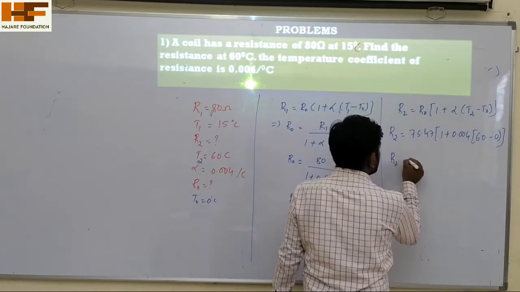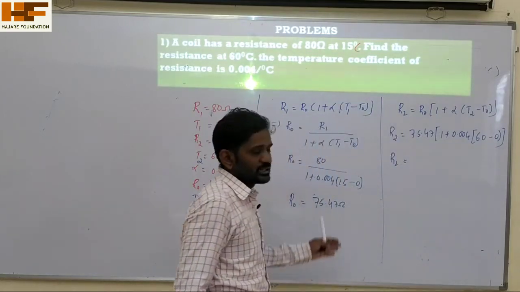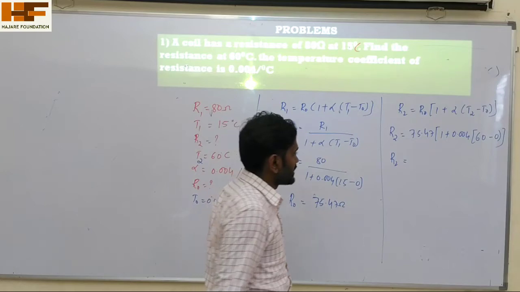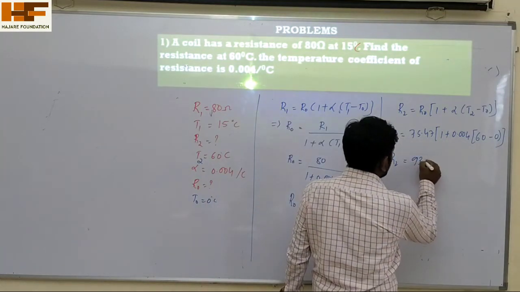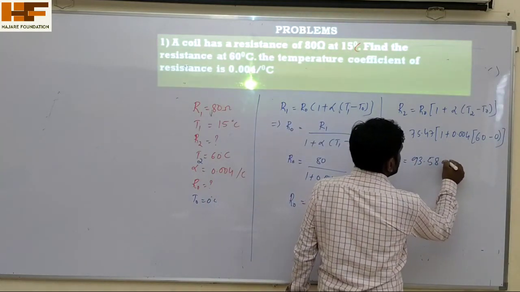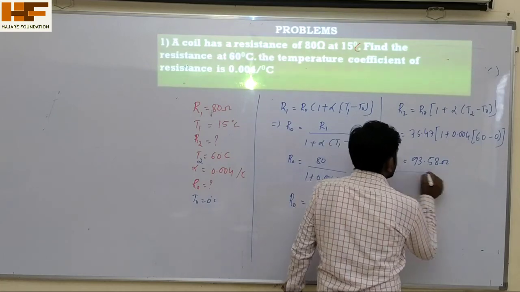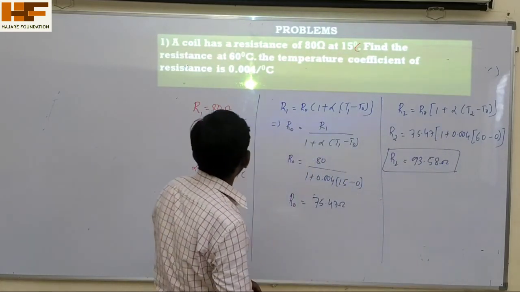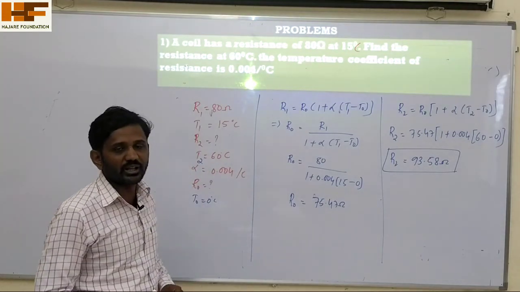Simplifying, we get the answer 93.58 ohm. It is the resistance of the coil at the temperature 60 degrees. Okay. Thank you.